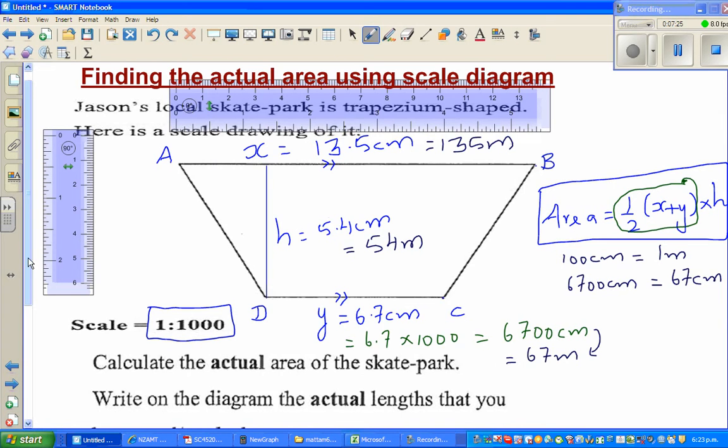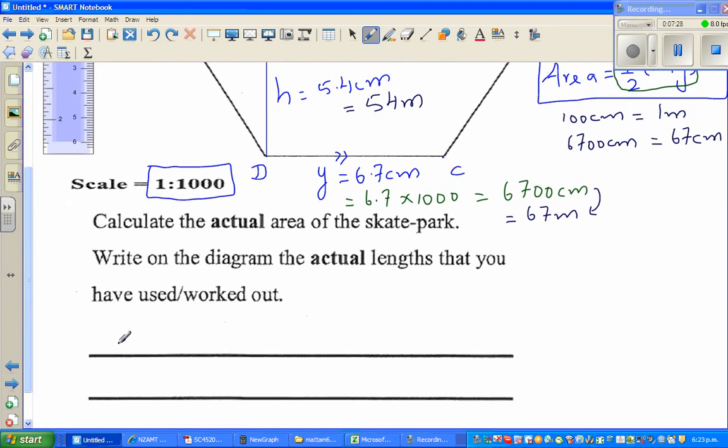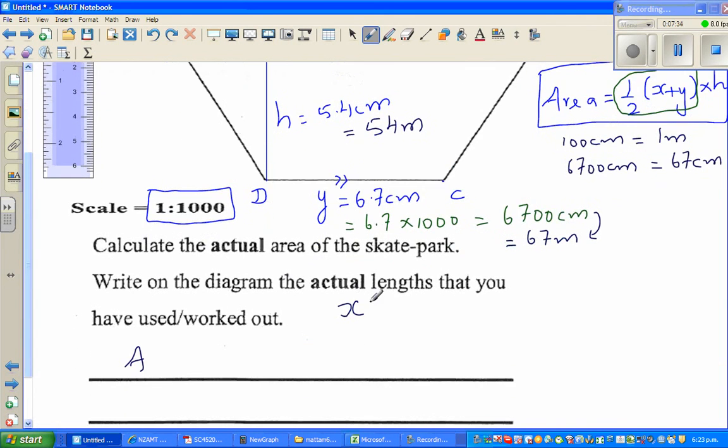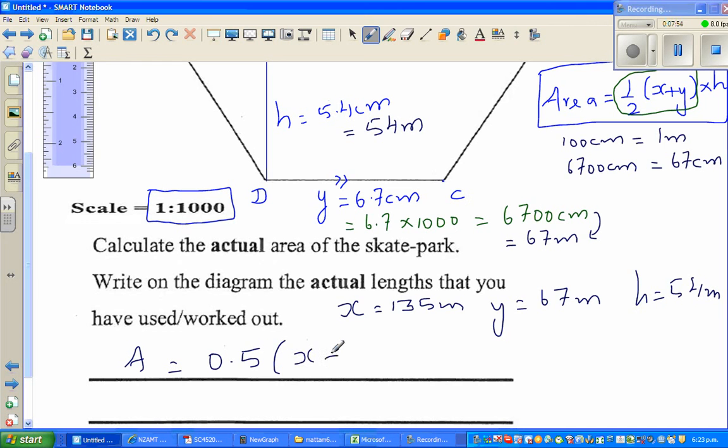So now we can use the formula. What is x? x is 135 meters, y is 67 meters, and the height is 54 meters. The area is, instead of half, you can write 0.5 times (x plus y) times h.